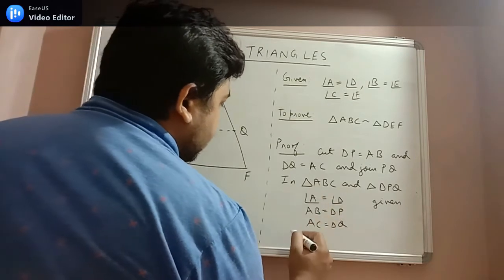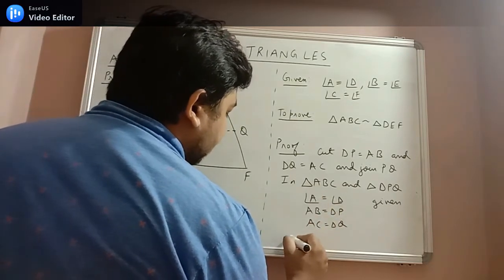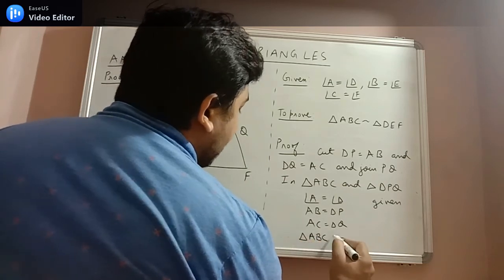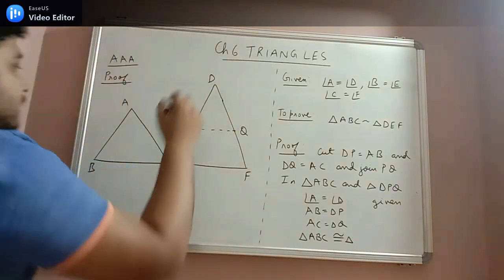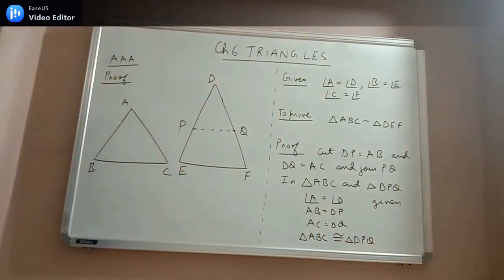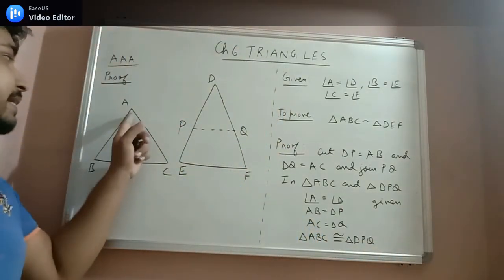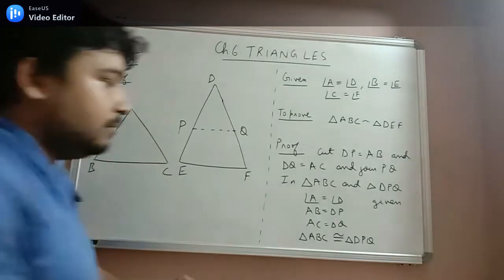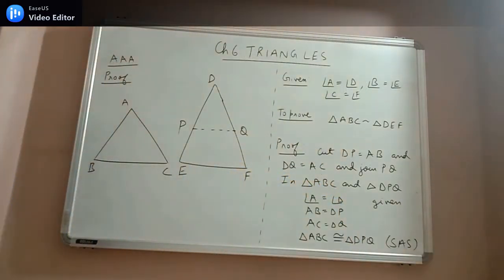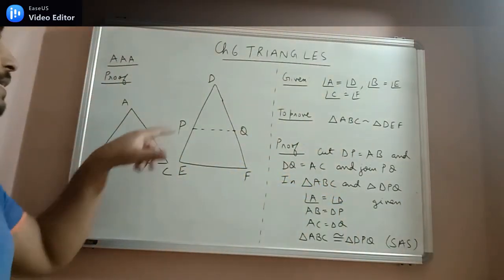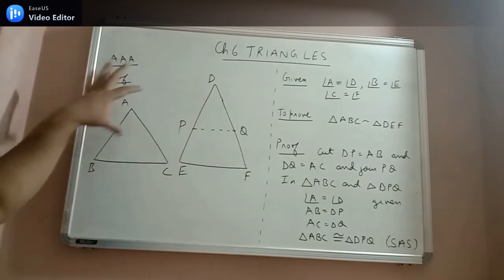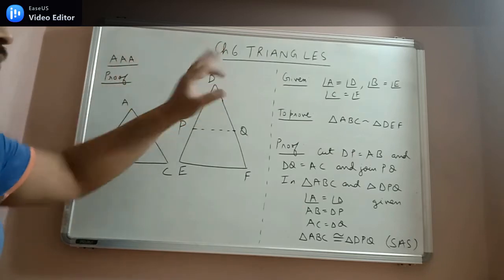So therefore we can say that triangle ABC is congruent to triangle DPQ, and the criteria for congruency will be SAS, side angle side. So in this manner we have proved that triangle ABC is congruent to triangle DPQ because angle A equals angle D, AB equals DP, and AC equals DQ.